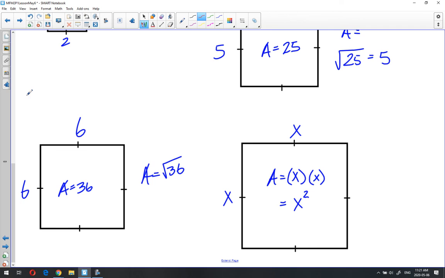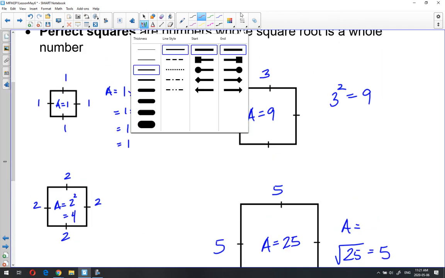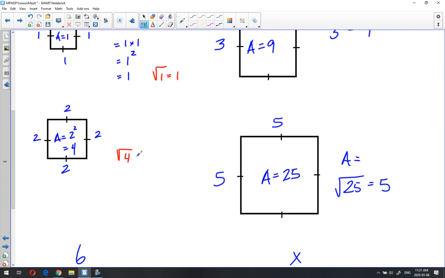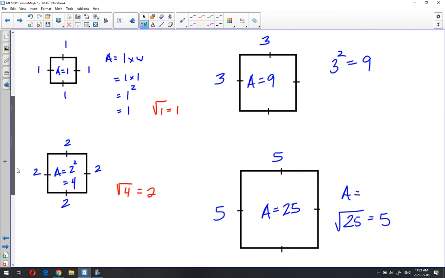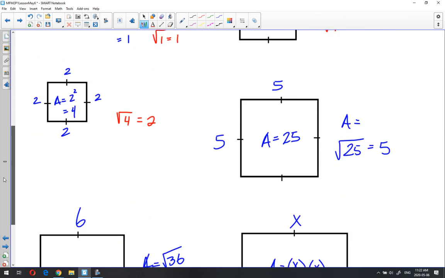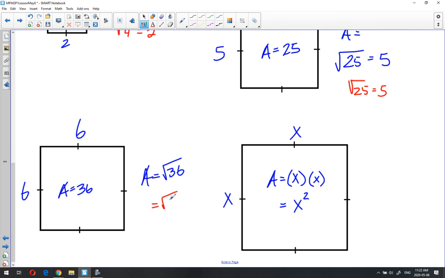So our perfect square values, just so we know what a perfect square is: 1 is a perfect square because the square root of 1 is 1. 4 is a perfect square because the square root of 4 is 2. 9 is a perfect square because the square root of 9 is 3. 25 is a perfect square because the square root of 25 is 5. 36 is a perfect square because the square root of 36 is 6.